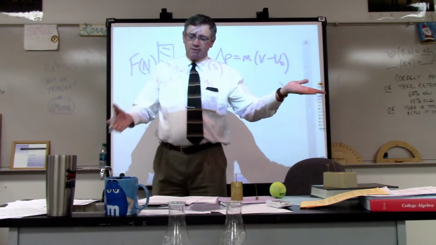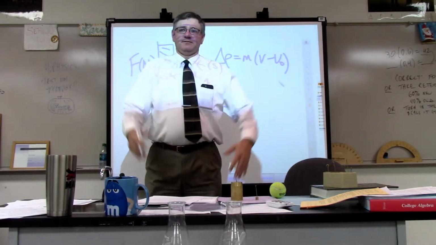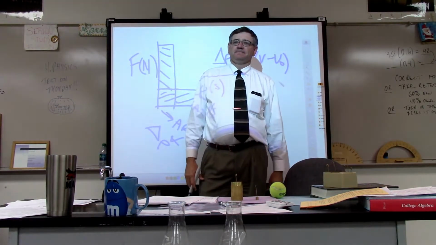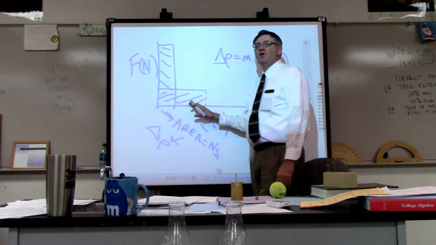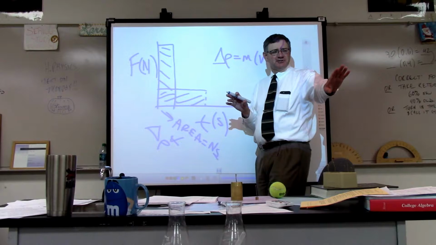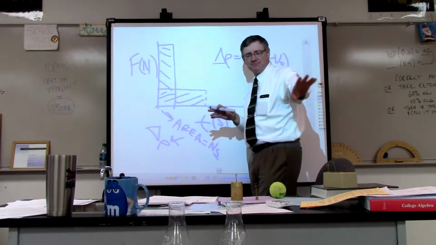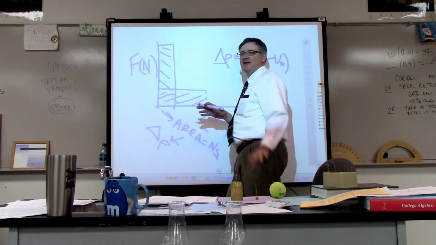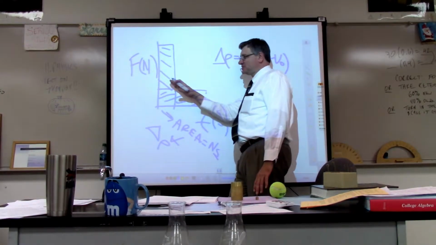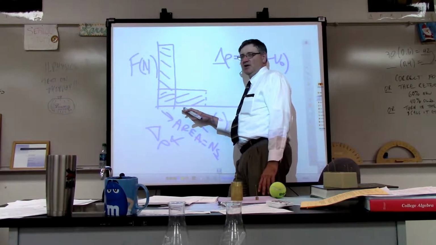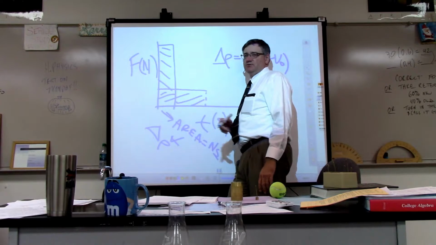So do you want to land with your knees locked or with your knees bent? Bent. Why? Because that would really hurt if you did it straight. In terms of this graph, if you land with your knees locked, what does that do to the time?